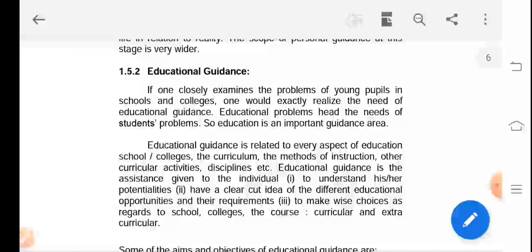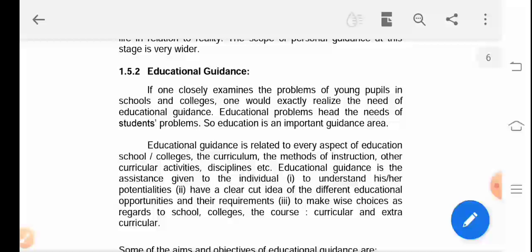Educational problems create the needs of students, and so educational guidance is an important area, because students are facing various problems related to their education, related to their careers, and in deciding the various prospects of education in their school and college life.